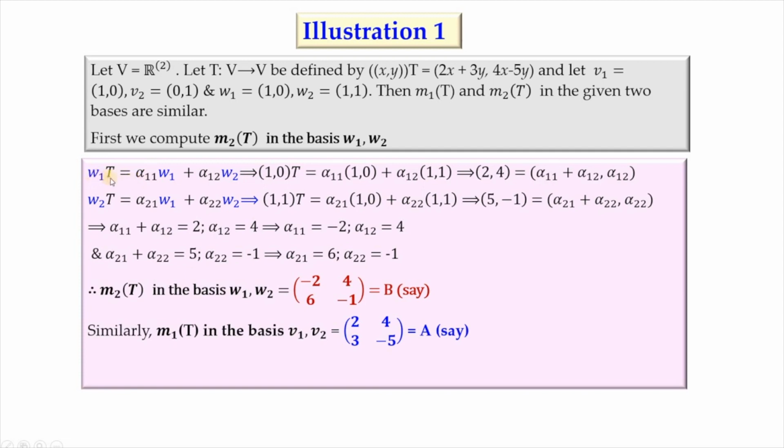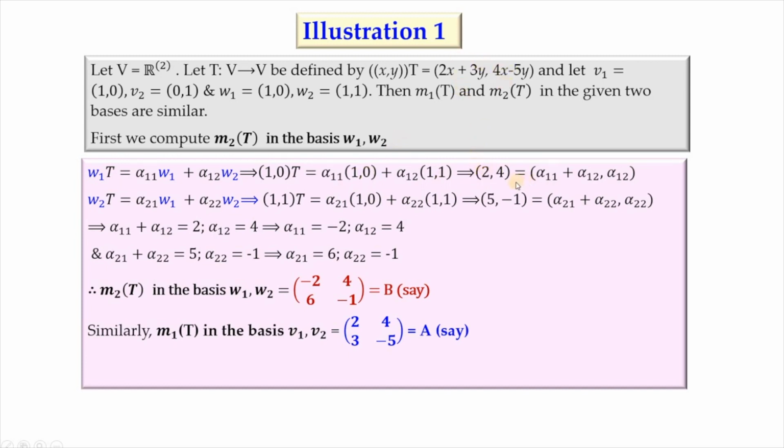So W1 of T, that is the image of W1 under T, is a member of the codomain. The codomain has W1, W2 as a basis. So this is written uniquely as alpha 11 W1 plus alpha 12 W2. W1 stands for 1, 0, and the effect of T on the ordered pair 1, 0 is 2, 4.